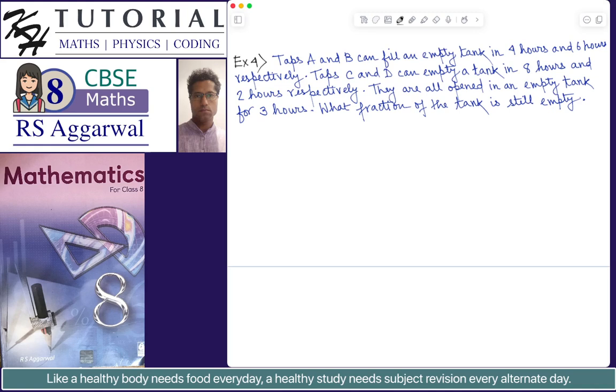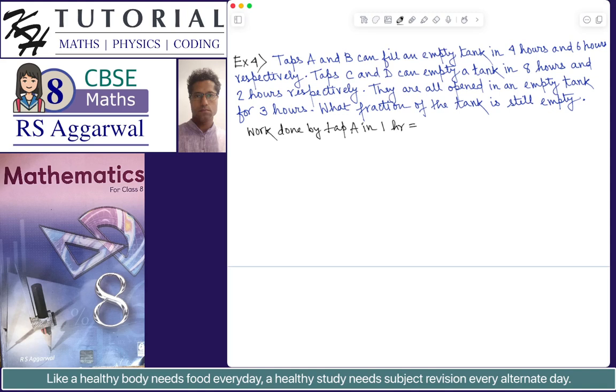Okay, so let's see. Work done by tap A in 1 hour: since A is filling the tank, it is an inlet, so the work done will be positive.